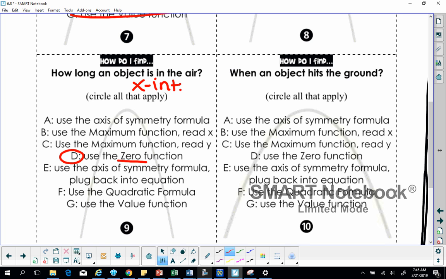D, because zeros mean your x-intercept. And what's the last one? Not A. A would give you the x-coordinate of your vertex.